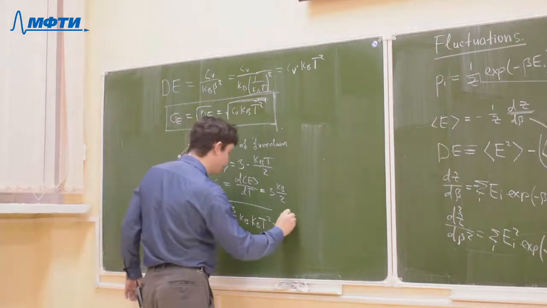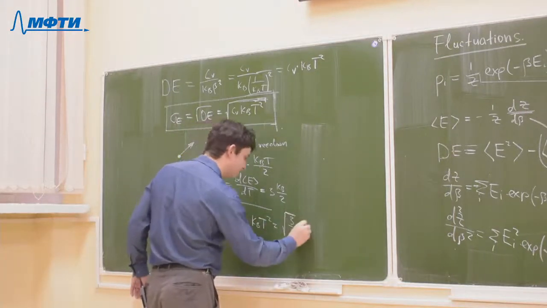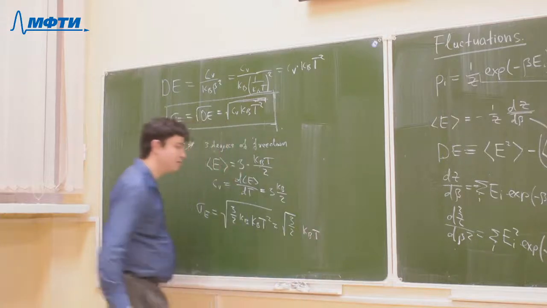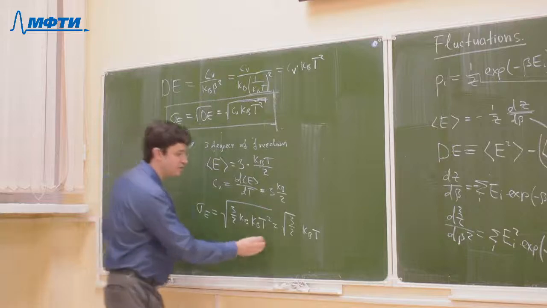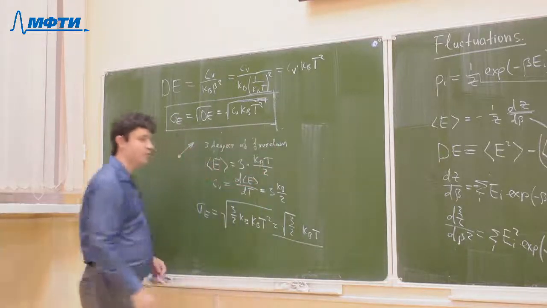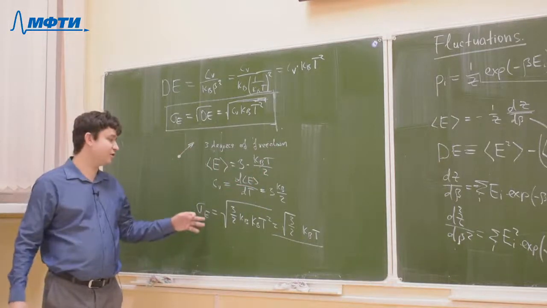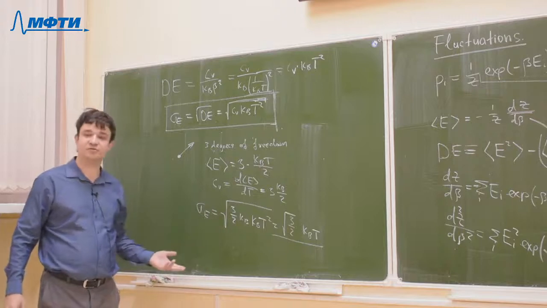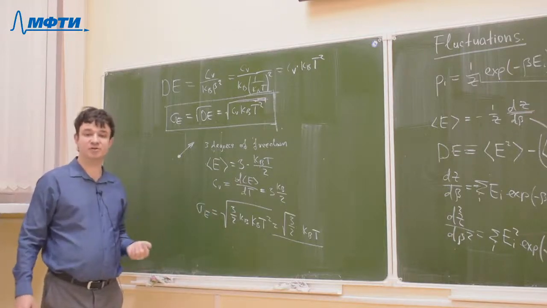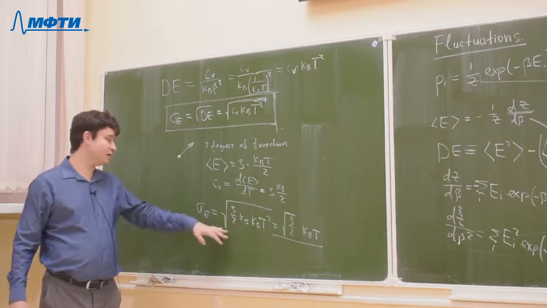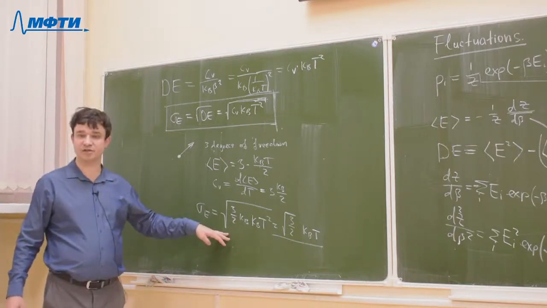Okay, now I have 3/2 multiplied by kBT. This is it. Actually, you can confirm this result by calculating the average energy and the variance of energy of the particle directly from the Maxwell distribution. And I assure you that the result would be exactly the same.